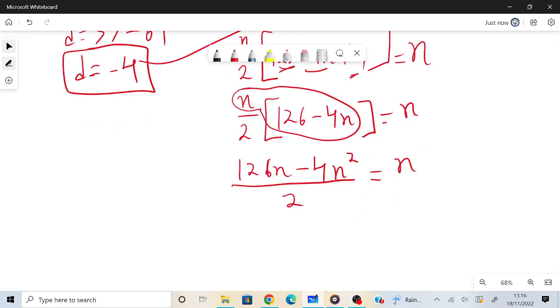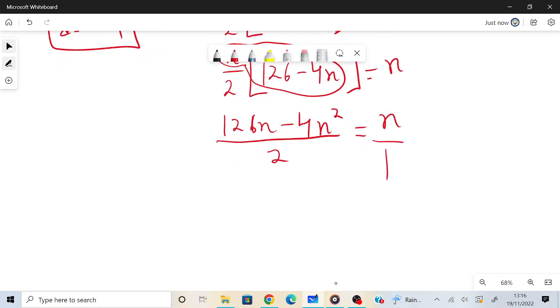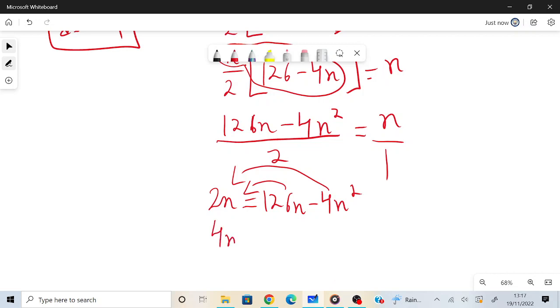We can cross multiply, giving 2n equals 126n minus 4n squared. I can take the minus 4n squared and 126n over here, so that I have a positive coefficient of n squared. That gives me 4n squared minus 124n equals 0, because 2 minus 126 is minus 124.